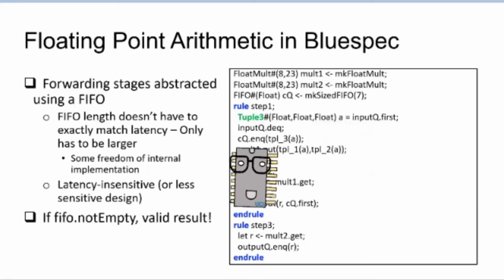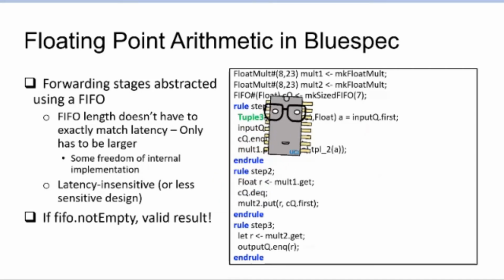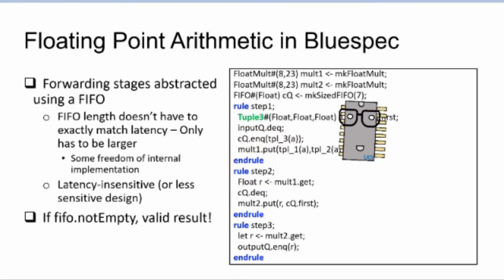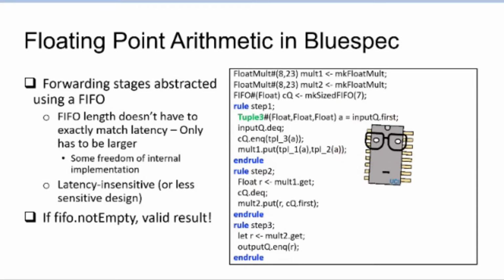But we implement that set of pipeline registers using a FIFO of size 7. So this is a very simple, concise way of expressing the bypassing set of pipeline registers.